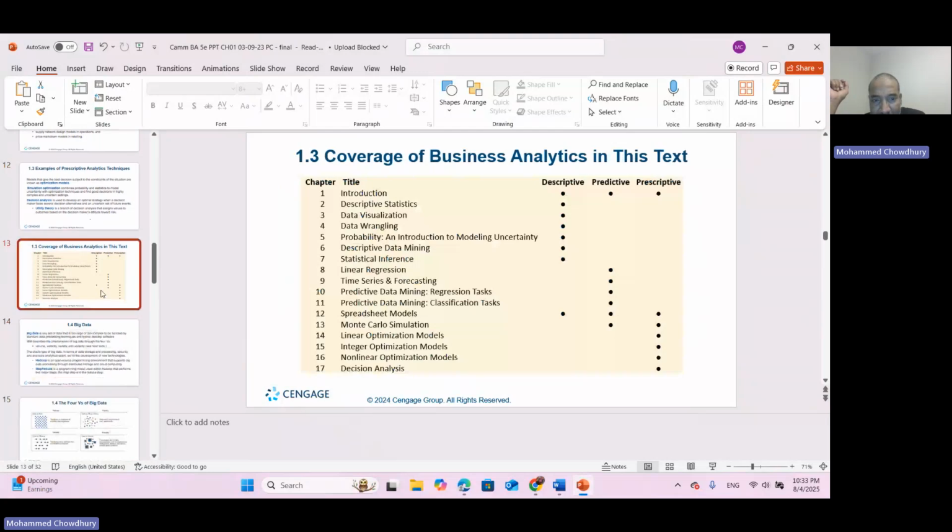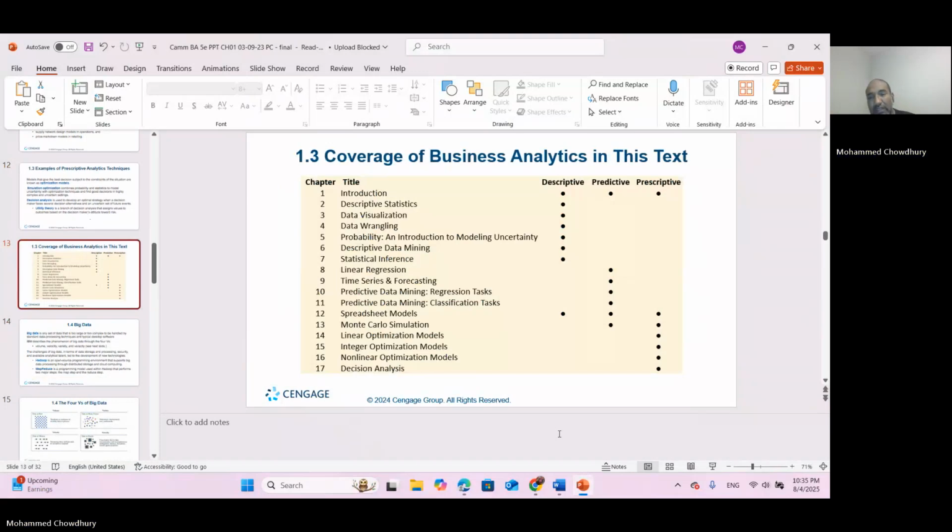And then chapters 8 through 17 are known as Business Analytics 2, which will cover materials such as linear regression, time series and forecasting, predictive analytics, data mining, regression tasks, classification tasks, spreadsheet models, Monte Carlo simulation, linear optimization, integer optimization, non-linear optimization, and decision analysis.